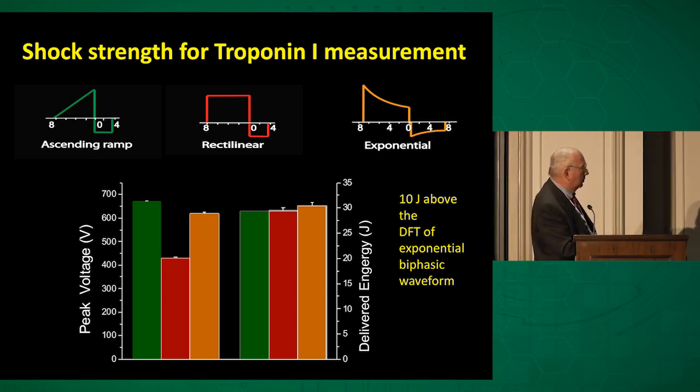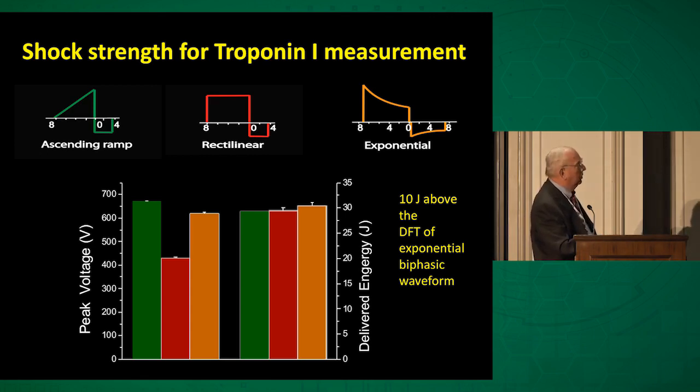Notice that the control is 20 joules, so we decided to use 30 joule shocks. The question is, what should we do with the good one, which is the ascending ramp, which was only a 15 joule DFT, should we use 10 joules above that, 25 joules, or should we make them all the same at 30 joules? And for some extraneous equipment reasons, we wound up making them all the same. And I'm so lucky that that happened, and you'll see why.